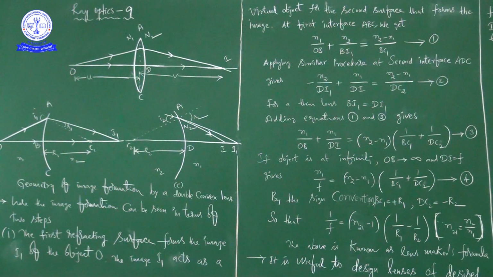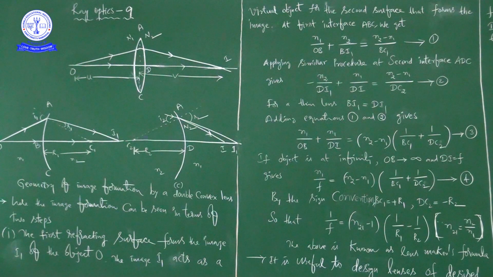Applying that relation to the first curved surface, we get n1 by OB plus n2 by BI1 is equal to (n2 minus n1) by BC1. We are applying the image formation at the first curved surface, and we get this mathematical relation. It is equation number 1.